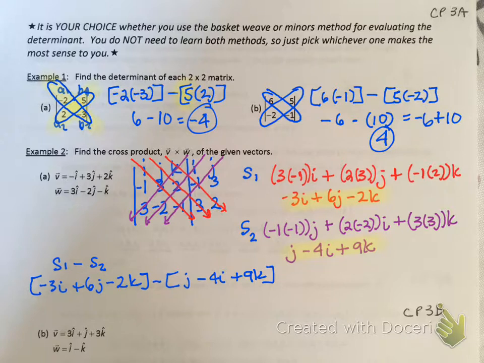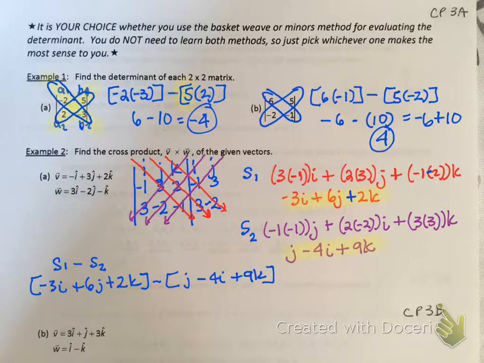Guys, I found a little mistake I made. When I was doing k of sum 1, I should actually have a negative 2 right here. So this gives me a positive 2k. So I'm going to fix that really quick. There we go.